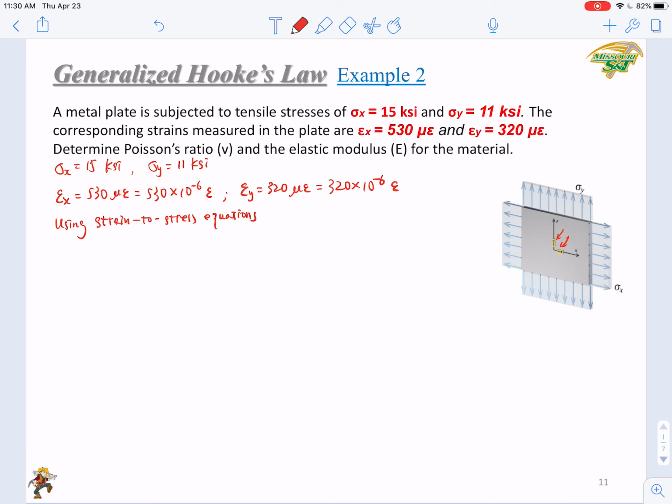Okay, so for plane stress, the two equations will be epsilon X equals 1 over E times sigma X minus nu sigma Y. And the second equation will be epsilon Y equals 1 over E times sigma Y minus nu sigma X. Right?